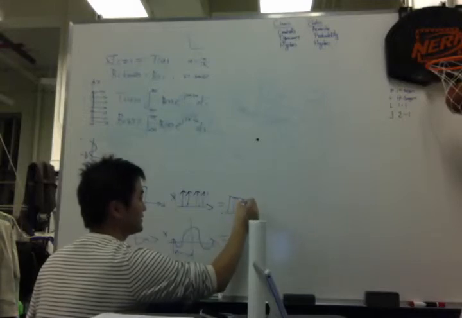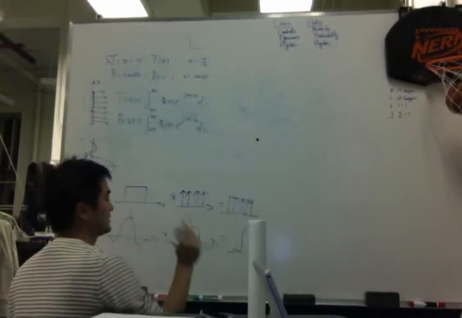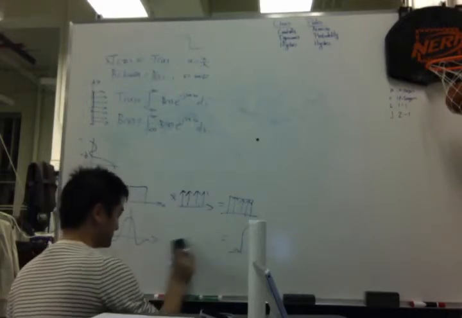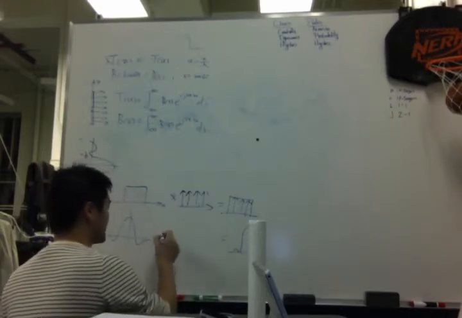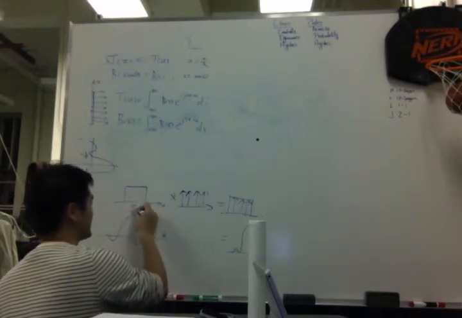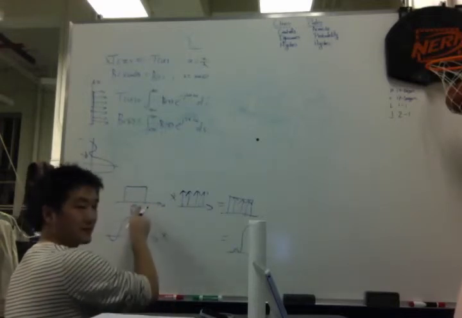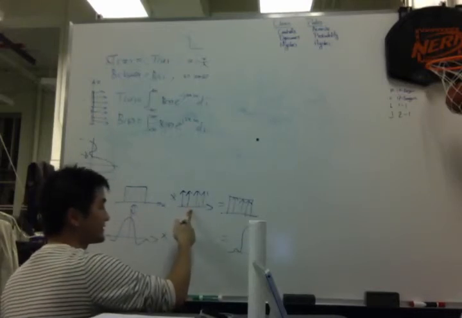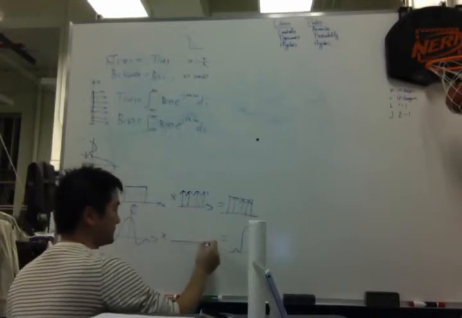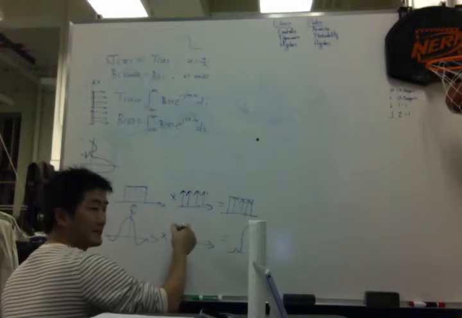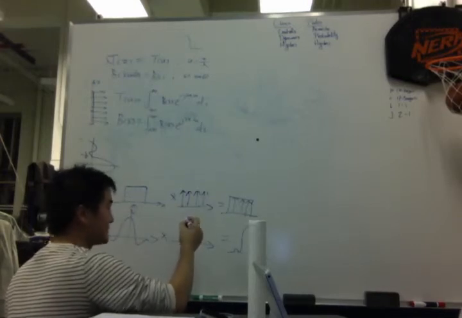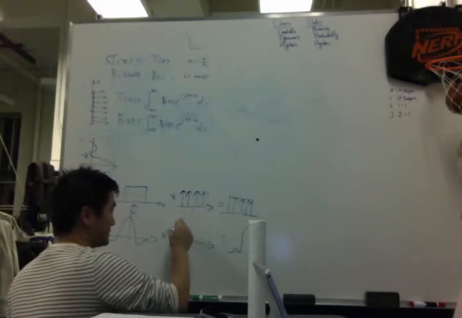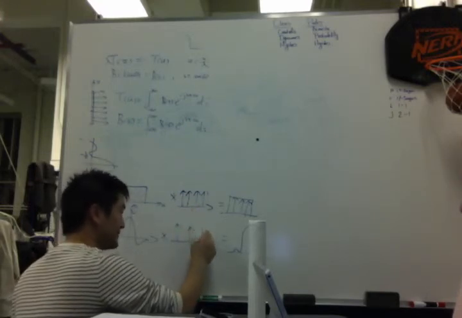I was not really convinced, because this is the Fourier transform of a rectangular, the sinc function, but apparently it's a Dirac comb, a bunch of delta functions, which is still delta functions.